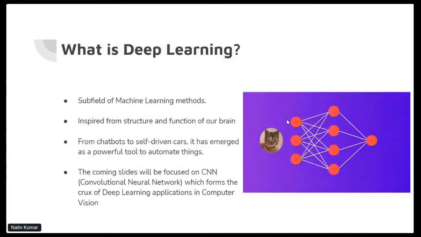So let's see what deep learning is. Deep learning is a subfield of machine learning, and it was inspired from the function and structure of our brain.